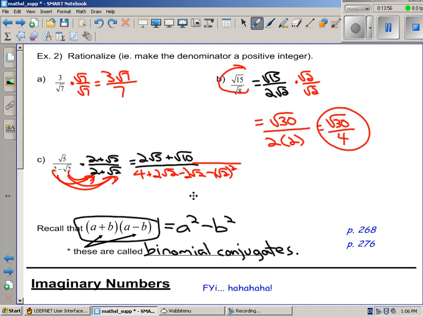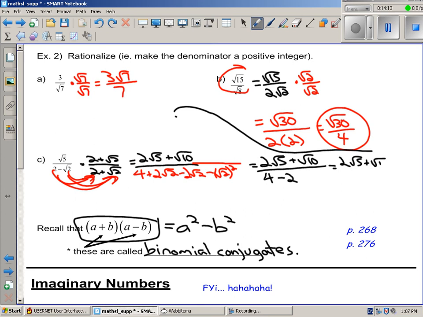Ooh, this is looking good. So that's going to be 2 root 5 plus root 10 all over 4 minus root 2 squared, which is just 2. Or 2 root 5 plus root 10 over 2.